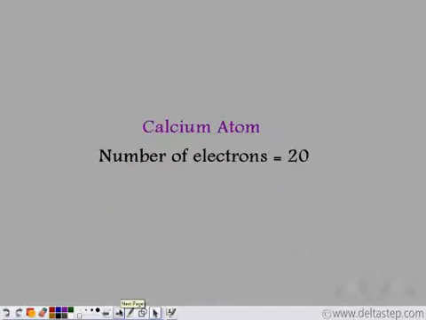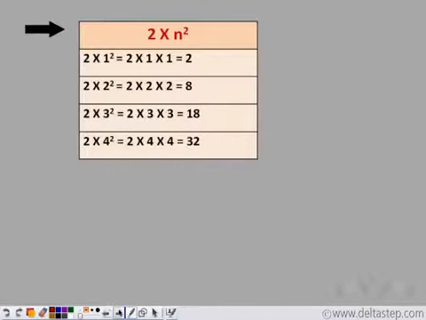Let's take another example, the calcium atom. It has 20 electrons. Let's see how it follows the rules. According to the first rule, it should occupy the electrons based on the 2n square rule. So the first shell can accommodate 2 electrons, the second shell can accommodate 8 electrons, and the third shell can accommodate 18 electrons.